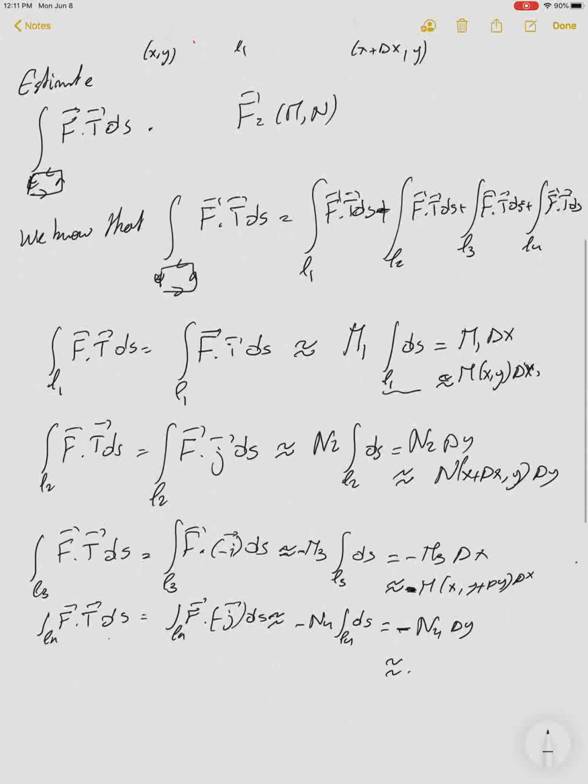And this is approximately minus N of x, y, times delta y.